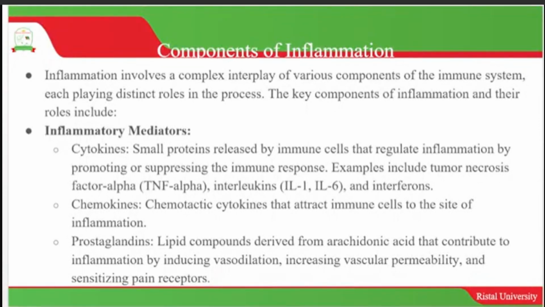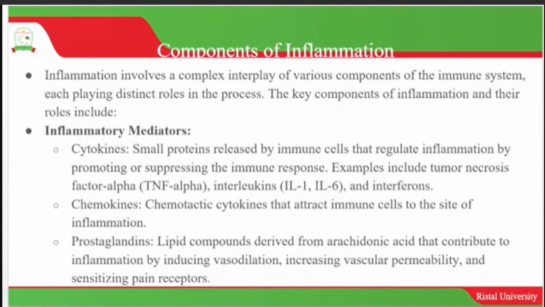The next one is the chemokines. Chemotactic cytokines attract immune cells to the site of inflammation. So the chemokines are responsible for attracting the immune cells to the site of inflammation. Remember, we have said that inflammation may occur as a result of tissue damage or as a result of infection.